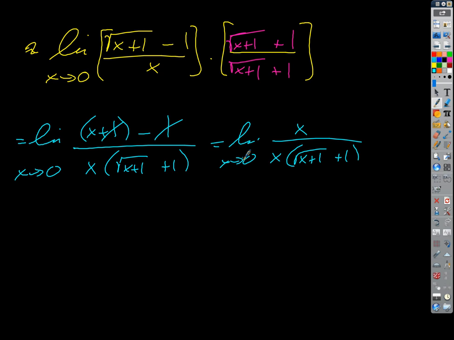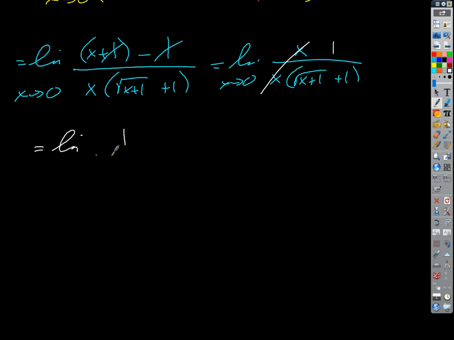Because x is approaching 0. See? So if I do that algebraically, now I've got the limit of 1 over the square root of x plus 1 plus 1, as x approaches 0. As x approaches 0, I just get 1 over 2, don't I?